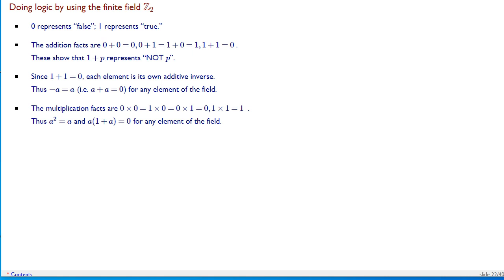The multiplication facts are the same as for the integers 0 and 1. And it's important to notice that both for 0 and 1, A squared equals A, so you don't have to worry about any exponents that are bigger than 1, and A times 1 plus A is equal to 0. These are other rules that you can use to simplify computation. Otherwise, just use the rules of ordinary algebra.